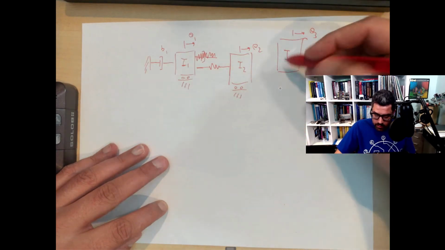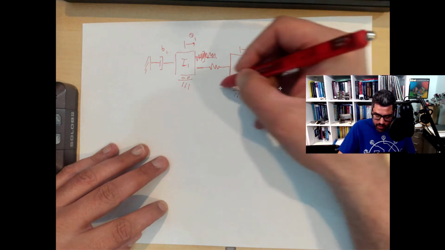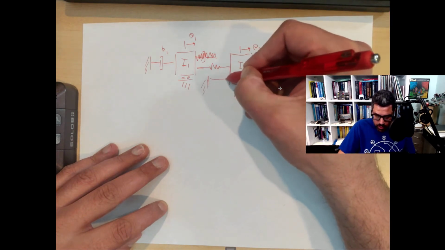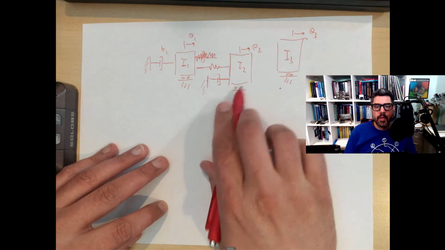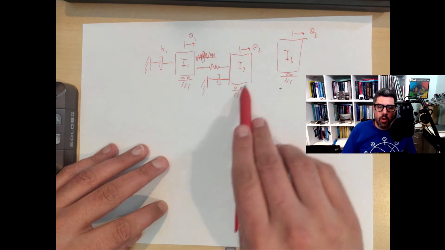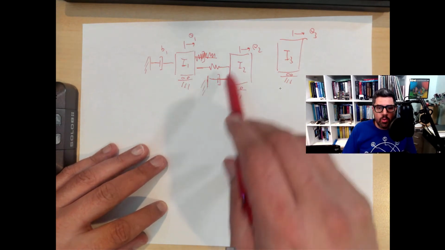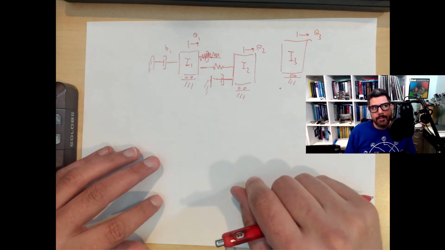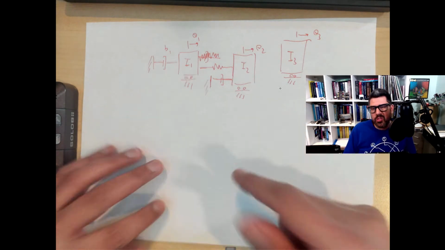So that one's easy. The first bearing's easy. So the bearing, and then the second bearing, I'm just going to draw it sort of like this. I'm going to draw another ground. Oops. And draw a damper. So think about it this way: if there was a damper between the two, then if they rotated together, if their angles were together, you would get no energy loss, which is not true.